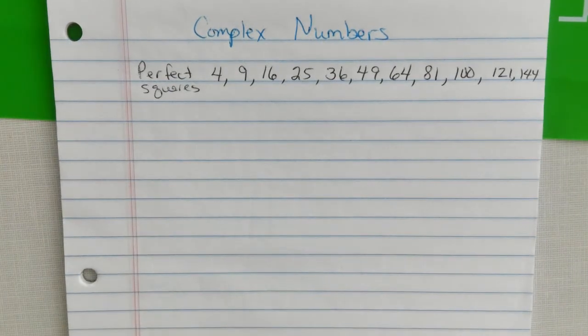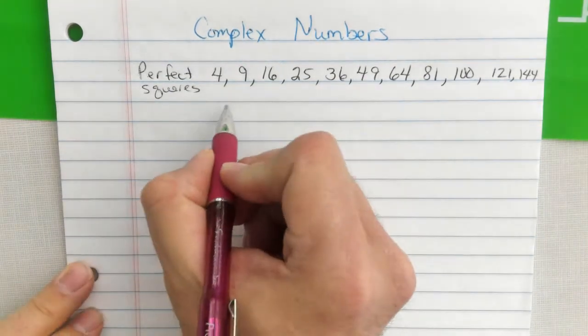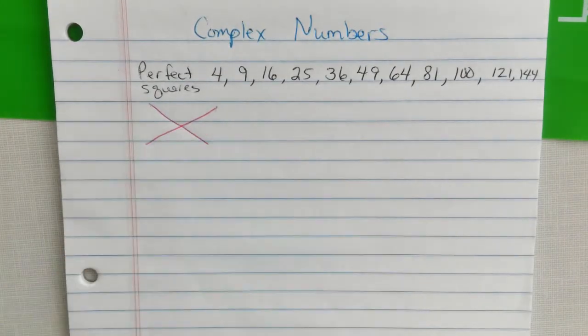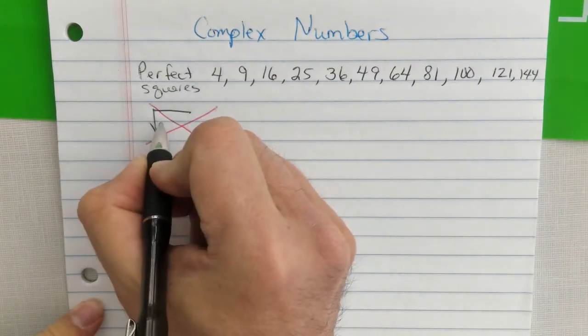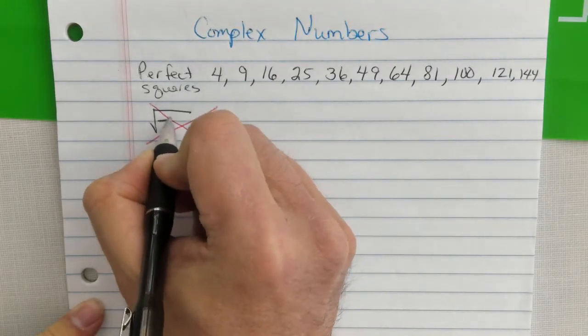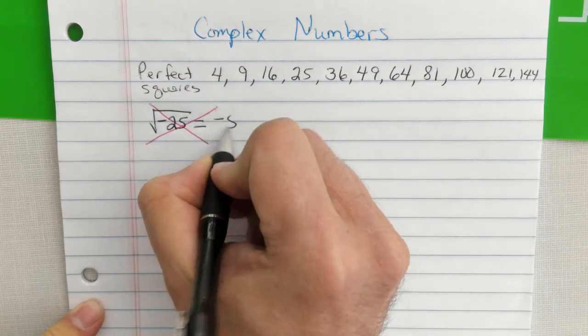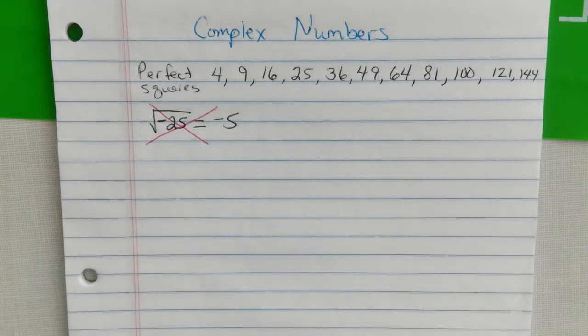Now, I'm going to put a big X right here because this is a common mistake, but I'm about to write it. Sometimes students will see things like the square root of negative 25, and they'll write negative 5. But that's wrong.